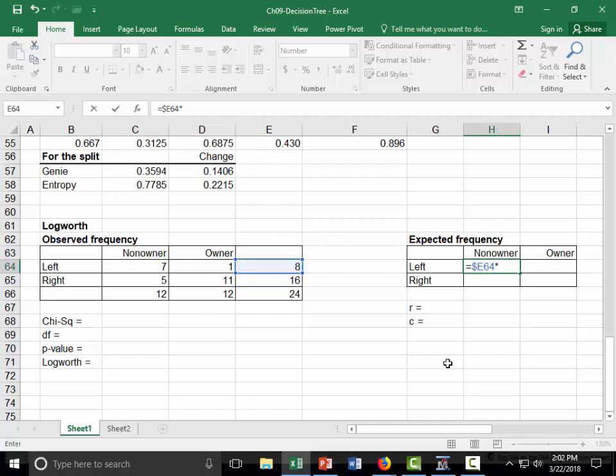Then the column total should be absolute referenced in this fashion. So the row is fixed, the column changes, and then divided by the entire matrix total, that would be $E$66. Now this can be copied to the rest of the cells. So these are our expected frequencies.